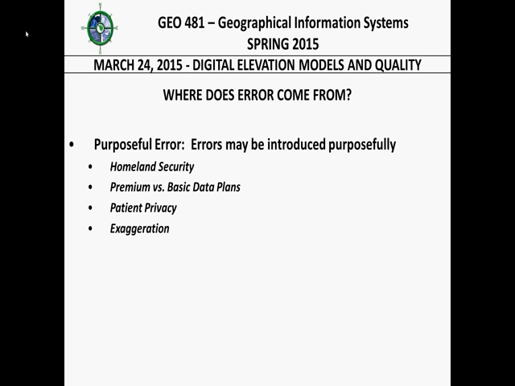Because they were afraid that terrorists or people with bad intentions would use online imagery for doing bad things, they would blur out areas of the map where there was something sensitive. All that really did was kind of flag for terrorists where there was something sensitive. It was kind of like, oh, there's something blurry there, maybe there's something I should blow up.